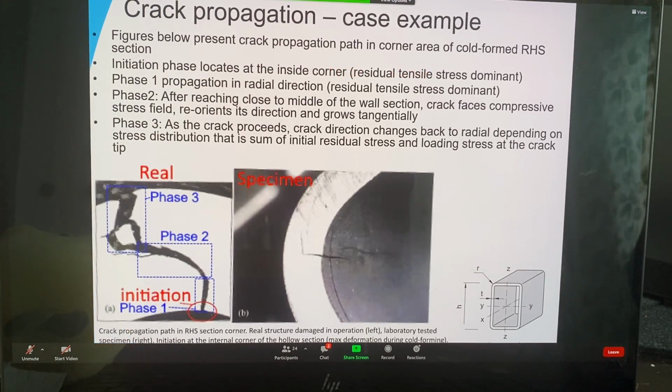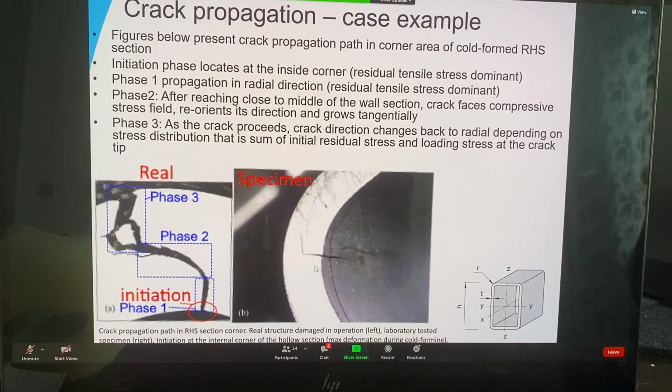Here is a case example of a crack propagation. So here's a picture of a rectangular hollow section corner. The rectangular hollow section is a steel beam, like here in the right lower picture. It's been cold formed, which means that there's a residual stress distribution over the wall thickness.